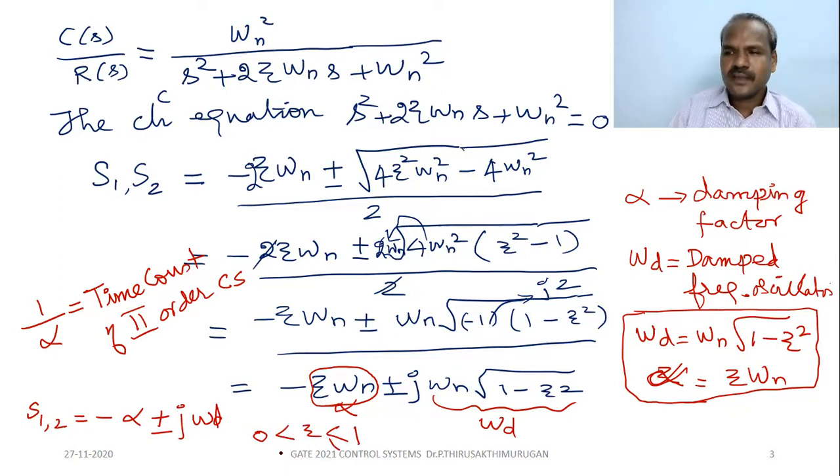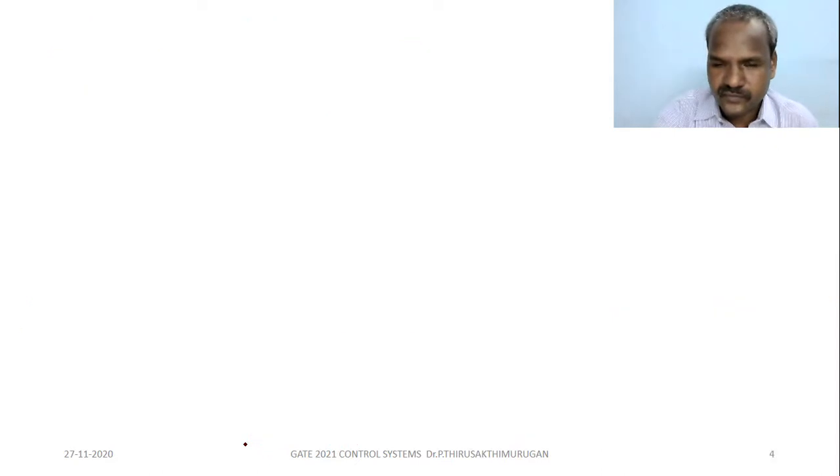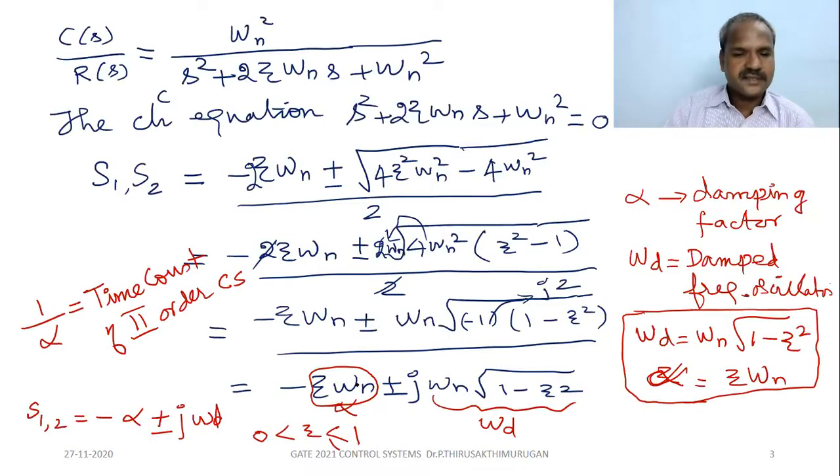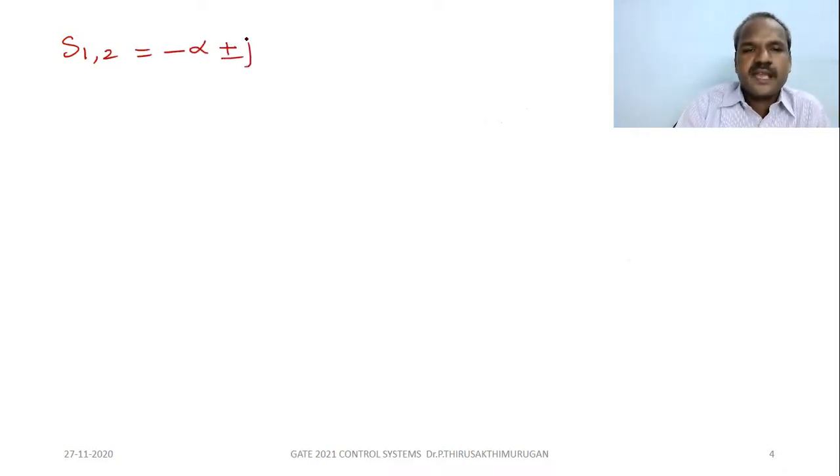Since these roots are in a complex form, we can find the phase angle and the magnitude. Since S1,2 is minus alpha plus or minus j omega d, this is a complex number.